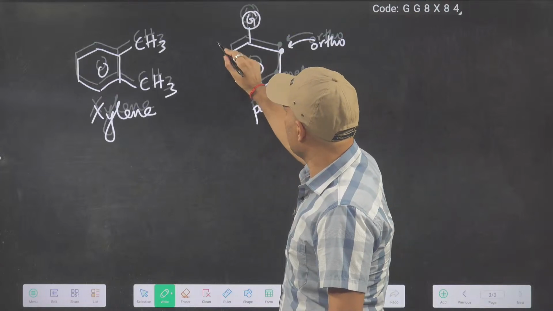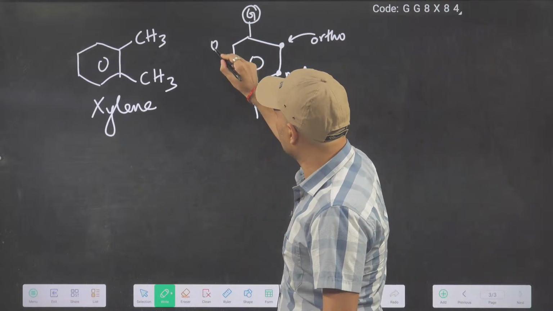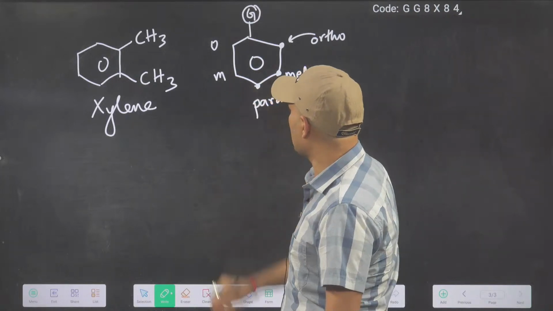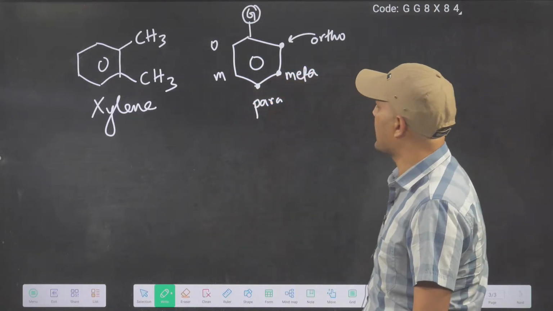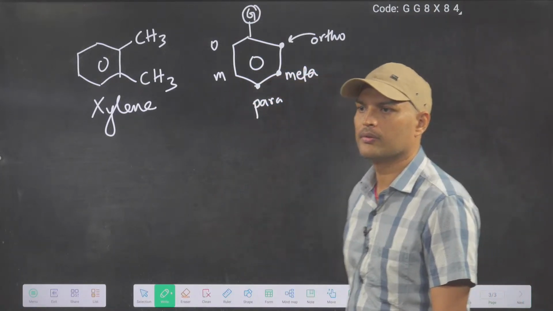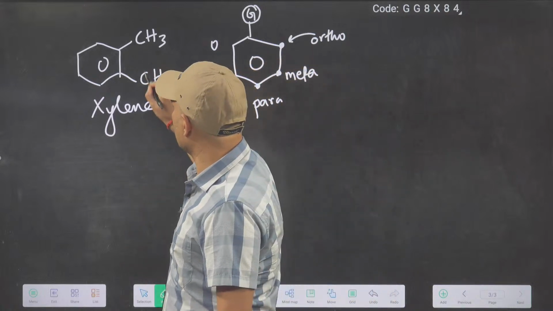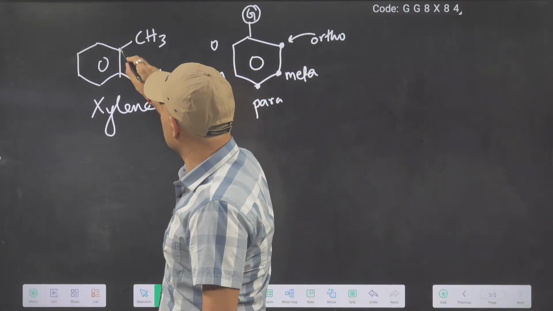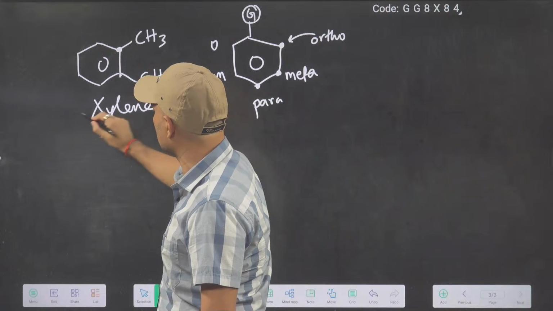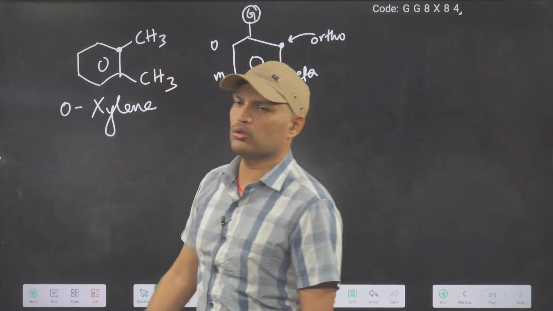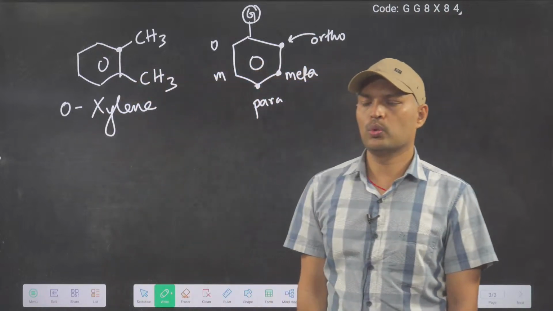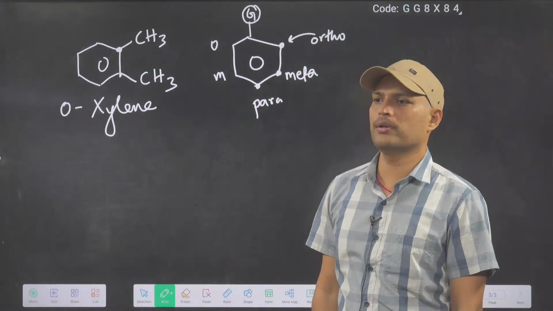So you can say that there are two ortho positions, two meta positions and one para position. So these two are near to each other. With respect to this position is ortho. So you can say orthoxylene. You can call it orthoxylene.